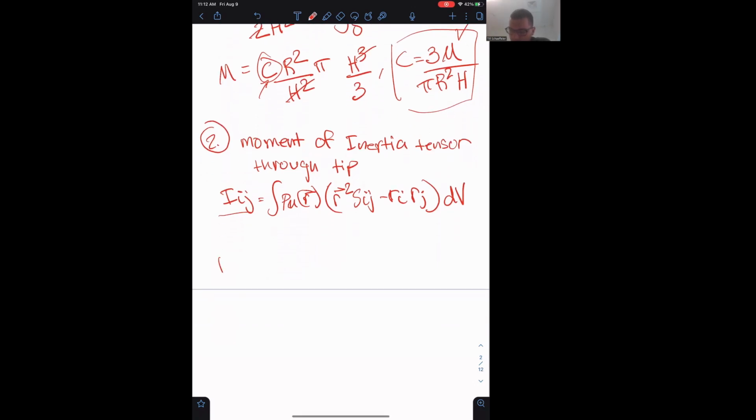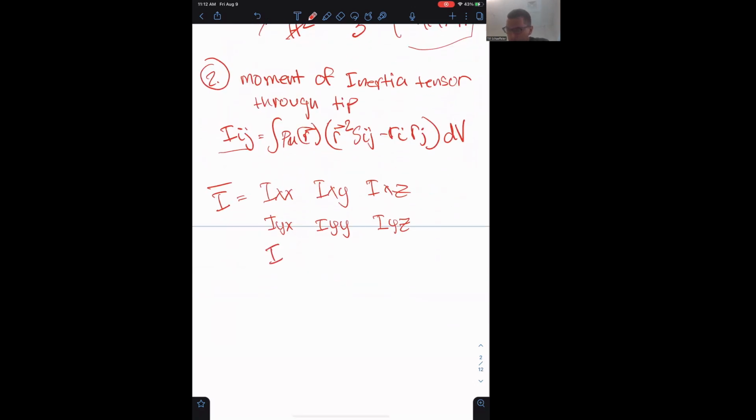The full tensor, which is actually a 3 by 3 matrix, so that's why I put this bar over it, is going to look like this: xx, xy, xz, yx, yy, yz, zx, zy, zz.